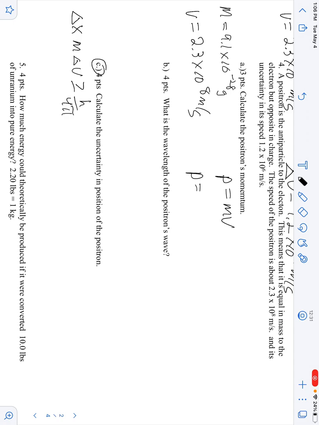My mass must be in kilograms. So when I convert this to kilograms, I divide by 1,000.